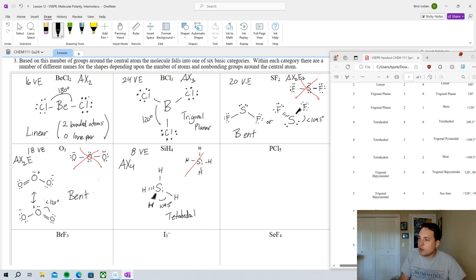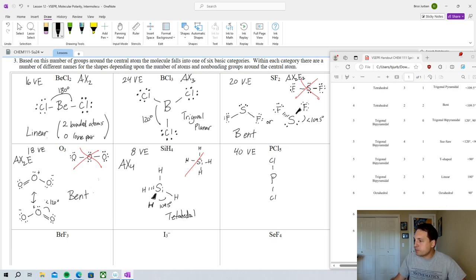The next one is PCl5. Phosphorus has 5 valence electrons, and then we have 35 from these chlorines for a total of 40. For this one, we're going to arrange the atoms, and it is going to be one of 2 geometries.